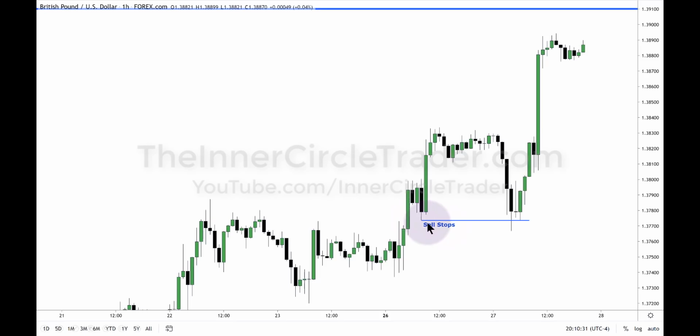Why is it going down there? To accumulate sell stops. Why are they attacking the sell stops? Because this is attacking participants that are willing to sell at a lower price. Lower than what? When it was up here. Institutional traders will not buy up here.